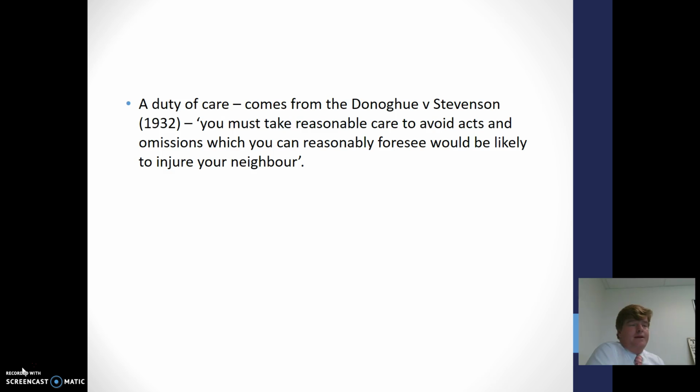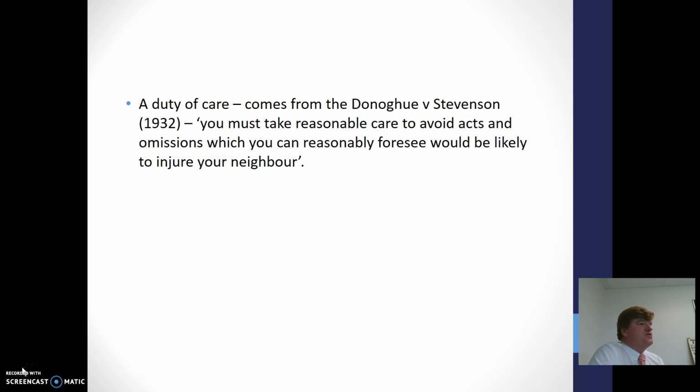The basic idea was that there was a slug in a bottle, and it came down to the question of who do you owe a duty of care to? Because there wasn't a formal contract between the person who'd been drinking the drink and those people who'd made the drink and had unfortunately allowed a slug to be in the bottle.